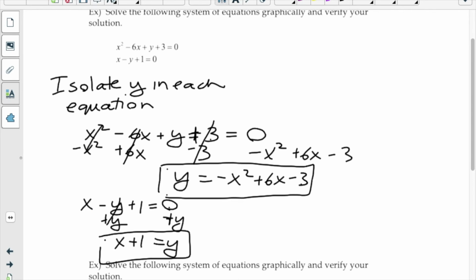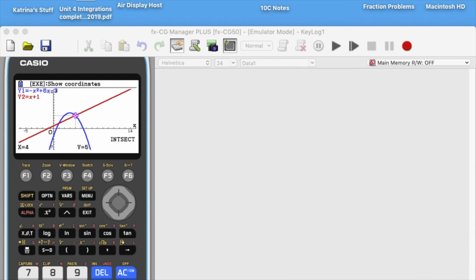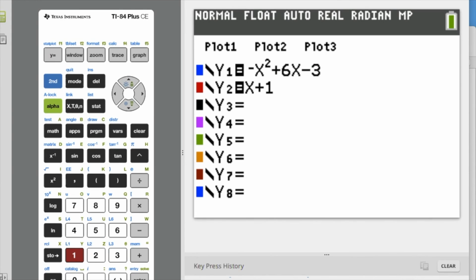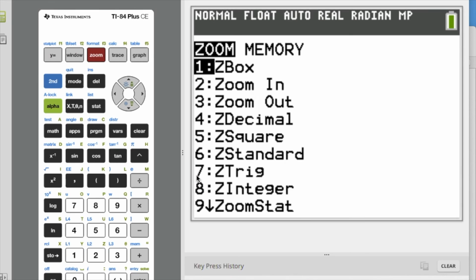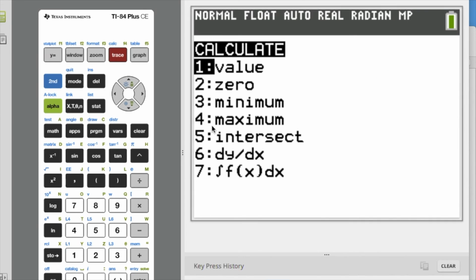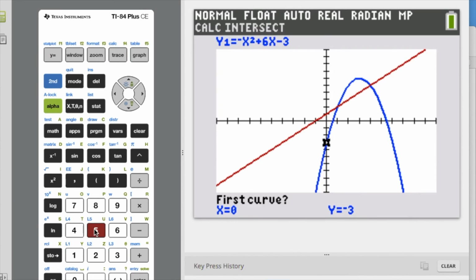On the TI, here it is. Okay, I'm going to hit zoom standard. There's 1, there's 2. Now here, to figure out anything that I want to know about the graph, I have to go to second trace to get that calc menu, and I'm going to hit number 5 for intersect.